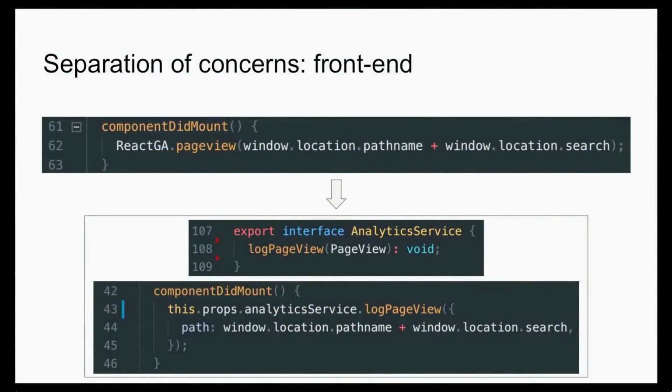So if you remember the presentation layer, our React components, they're responsible for showing information to the user, for interpreting the user's command, but that should not care which analytics service we're using. So these React GA calls do not belong to the presentation layer.